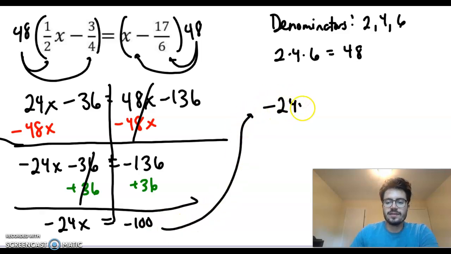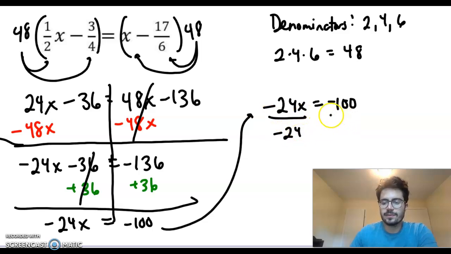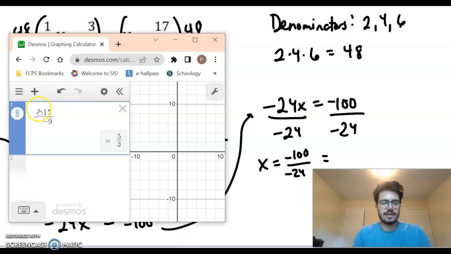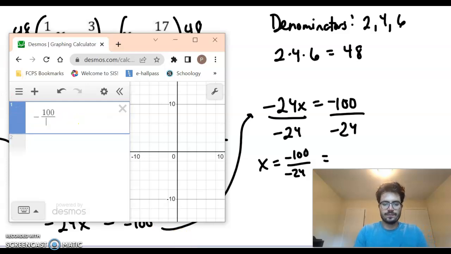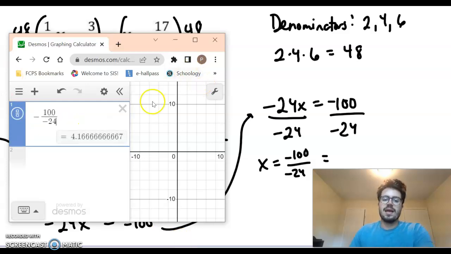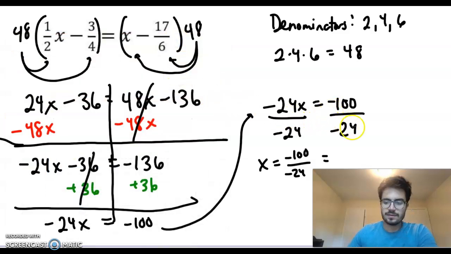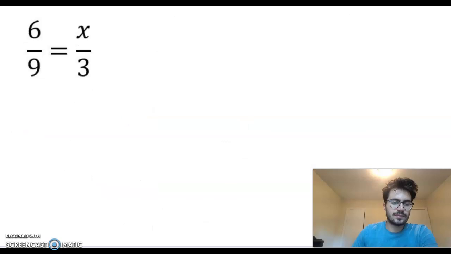And I know how to solve this. Divide by negative 24. And I get x equals negative 100 over negative 24. I put that in my handy-dandy calculator. And if I make that a fraction, I get 25/6 as my answer. Let's look at 2 more examples.